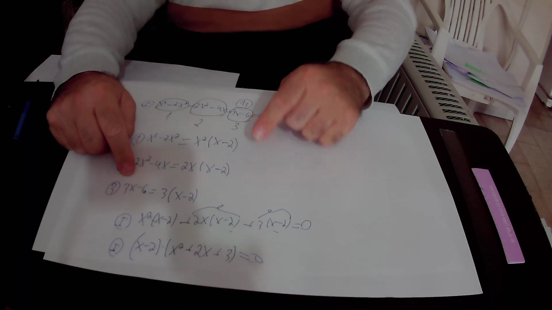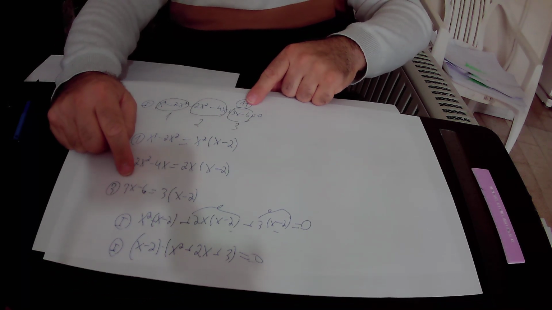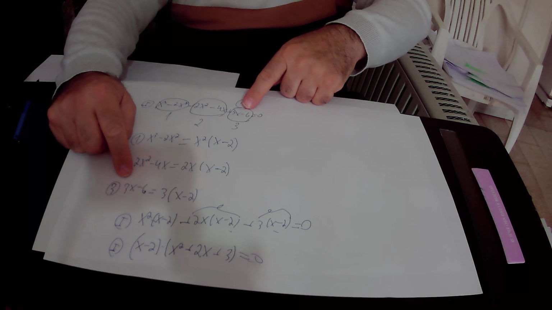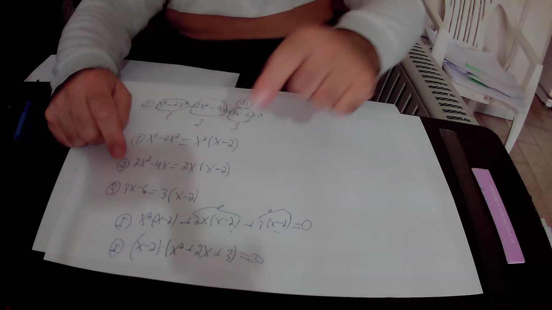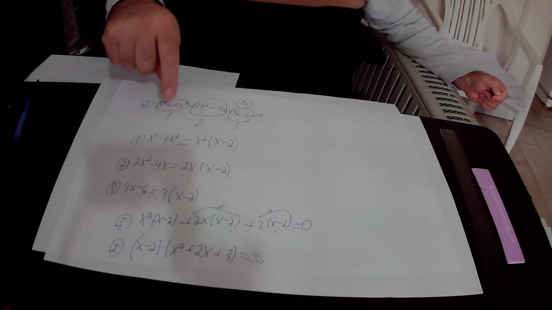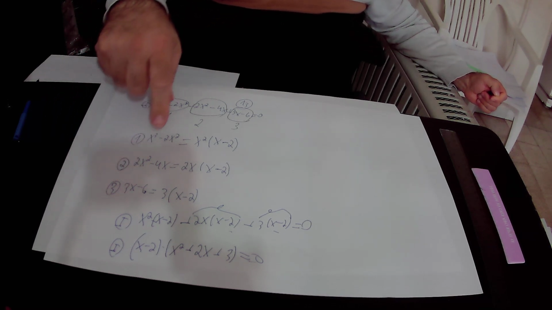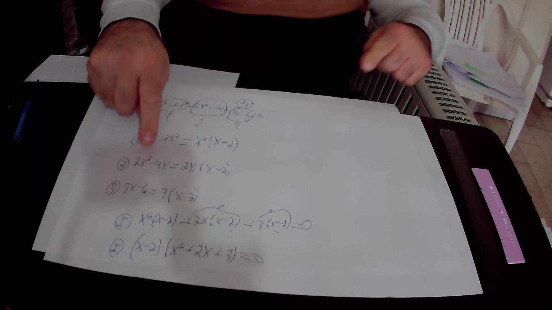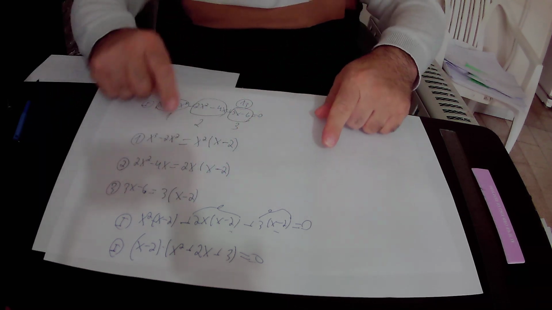And the common factor that we took from the third expression, 3x minus 6, is 3, and what is left inside the brackets is x minus 2. And we substituted those three expressions by their identities, and we got this expression.